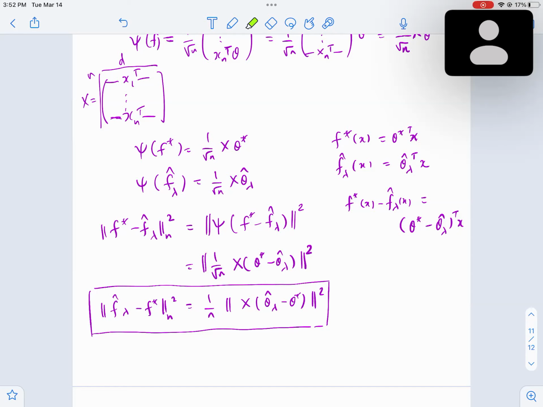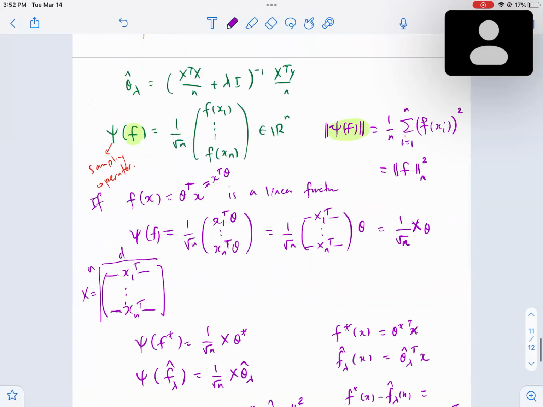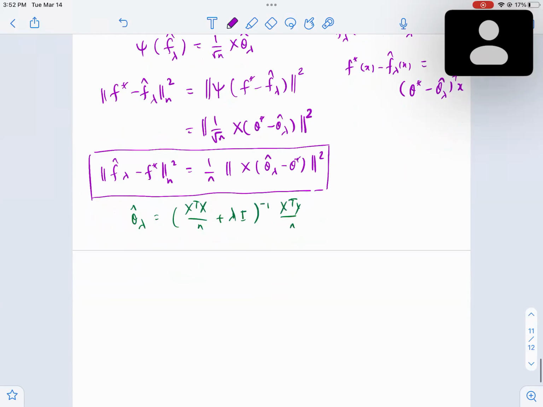Any guess? That's called the fitted values. It's usually all the things that are on the regression line. This one collects the vector of fitted values. So what I need to study is this.